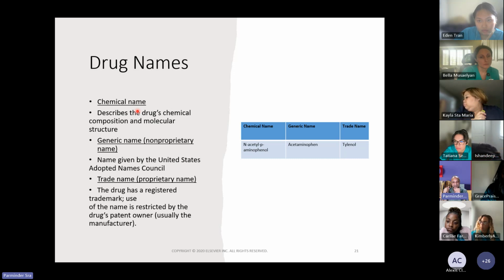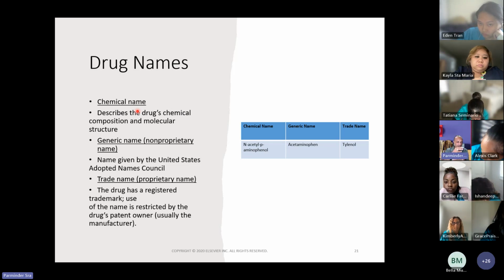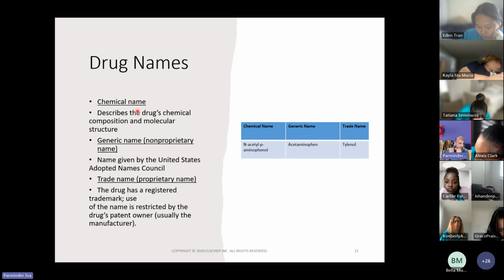Once that drug is developed and marketed on a commercial scale for everybody to use, nobody else can make that drug, as brand or generic, for the rest of that period. So whoever developed that drug has the time to recoup the money they invested. But after that period the patent ends, and now everybody can make it, but under the generic name, not the brand name.